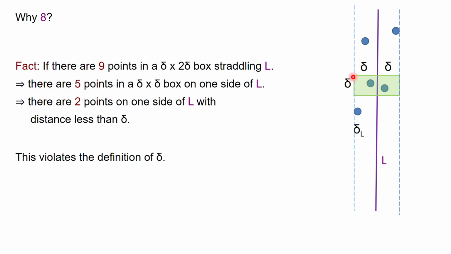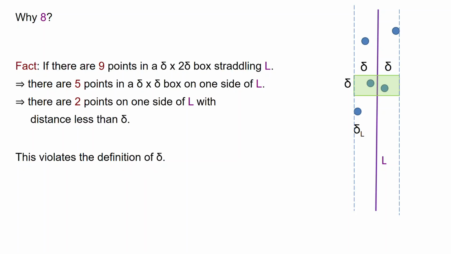And if you have 5 points in a delta by delta square, then you can verify that you have at least 2 points which are a distance less than delta. I'm claiming that if you place any way you want 5 points in a delta by delta square, then at least 2 points have distance less than delta. And this violates the definition of delta.